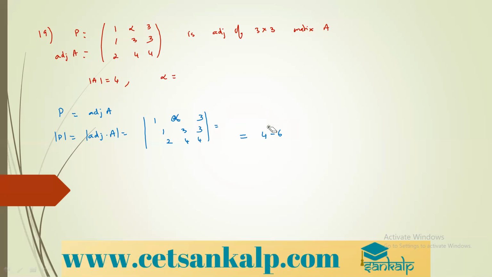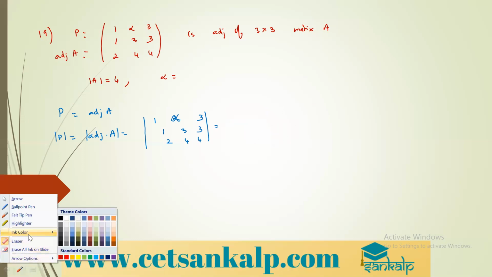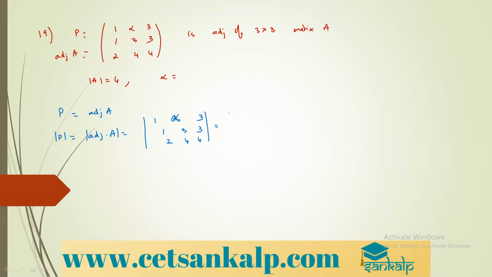So I have to correct it slightly. I thought alpha is 2. Okay, so I have 1 into 12 minus 12, 0, minus alpha into 4 minus 6, that is minus 2, and then plus 3 into 4 minus 6, that is minus 2. So I have 2 alpha minus 6, or 2 into alpha minus 3.